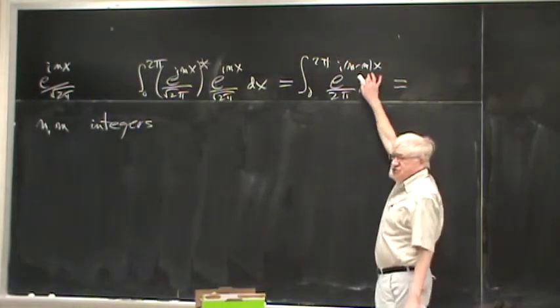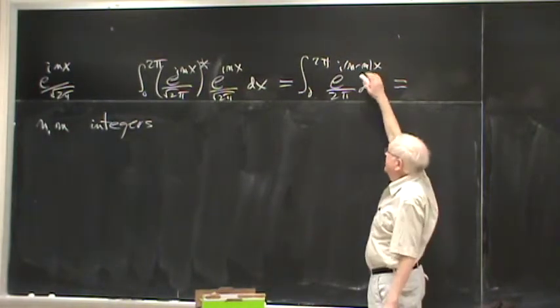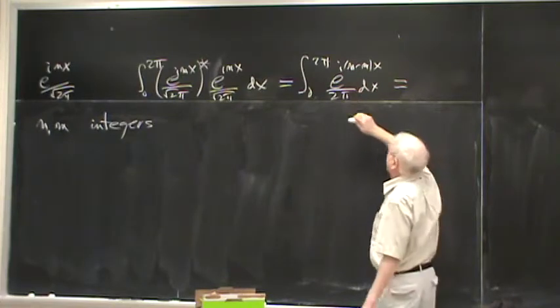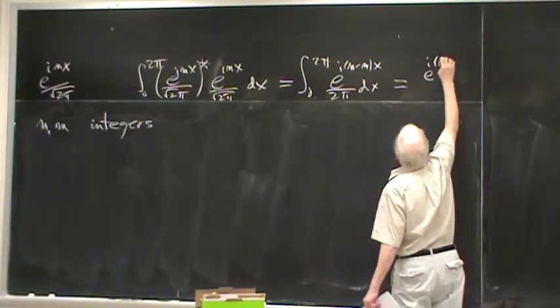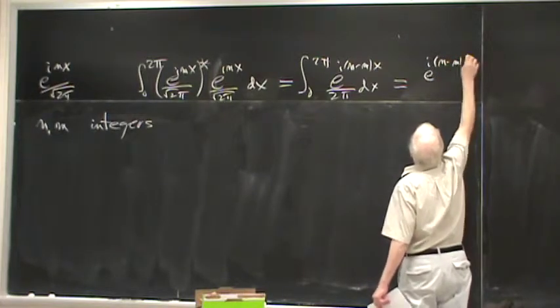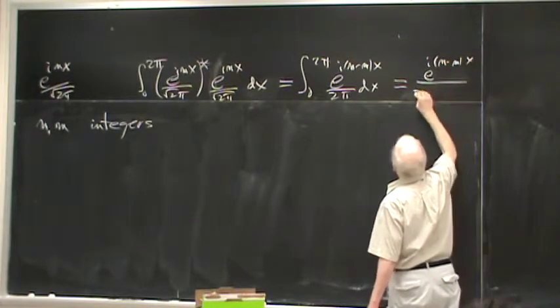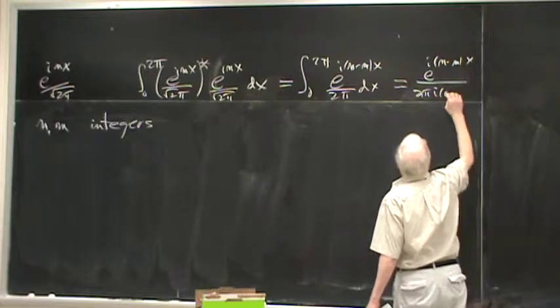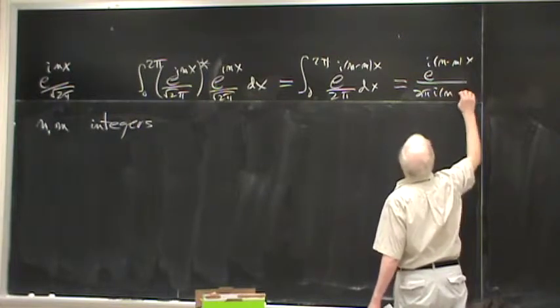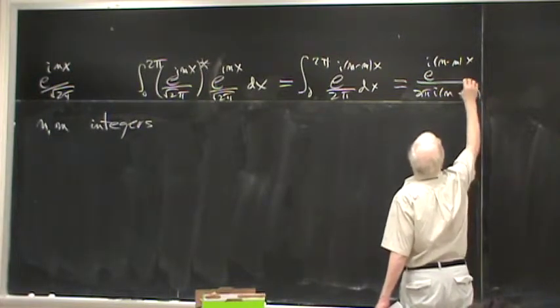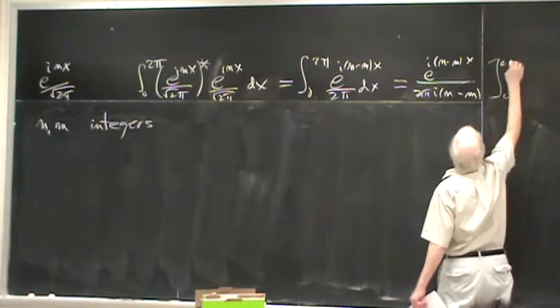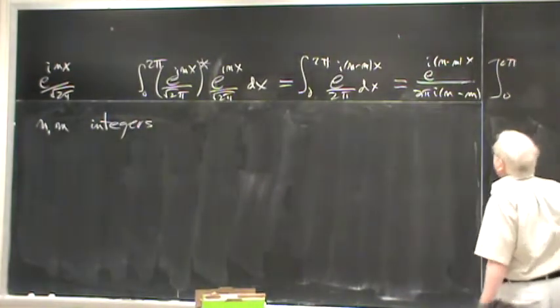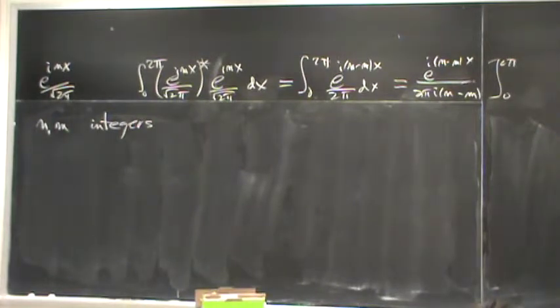If n and m are two different integers, then you can do the integral immediately, and what you get is e to the i (n minus m) x divided by 2 pi i (n minus m), evaluated between 0 and 2 pi. This is for n not equal to m.